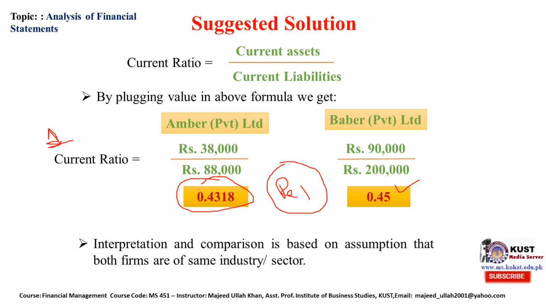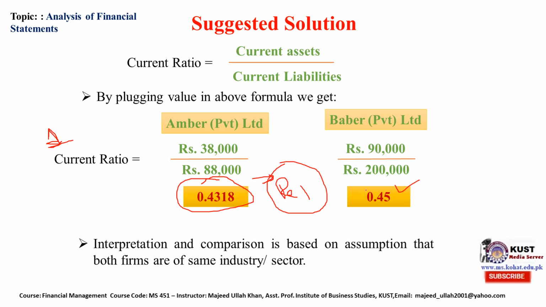Here Amber has 0.43 paisa to pay 1 rupee of current liability. Similarly, Babar Limited has 45 paisa in its current assets to pay 1 rupee of current liability.